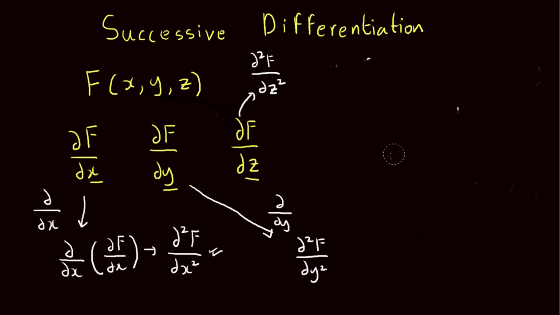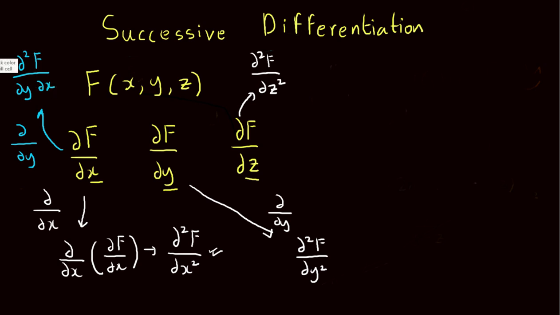Because these equations have multiple variables, sometimes you can also differentiate with respect to y. So if you have del y, you'd have here del square f, del y over del x.